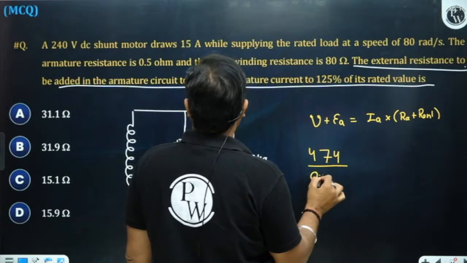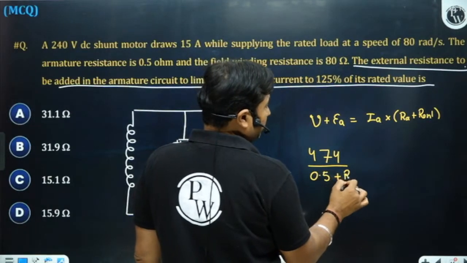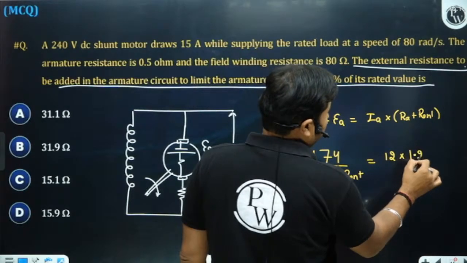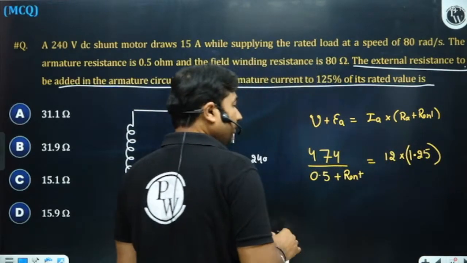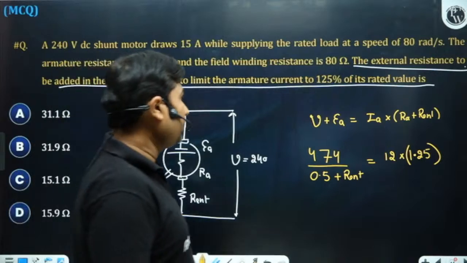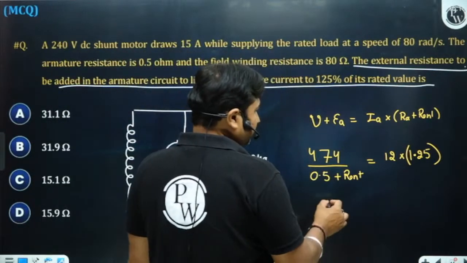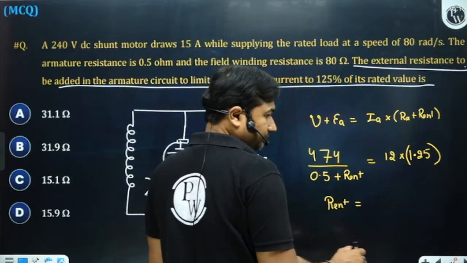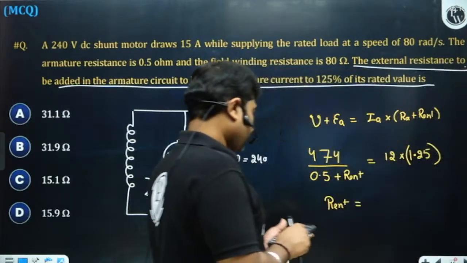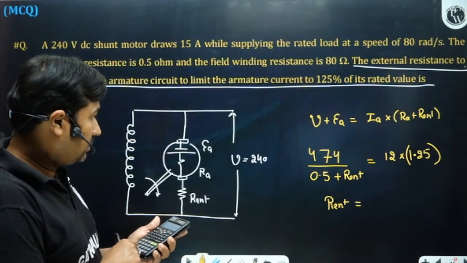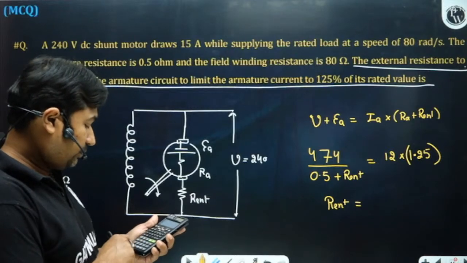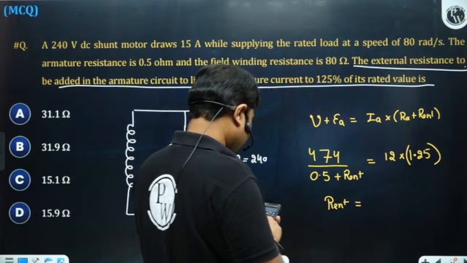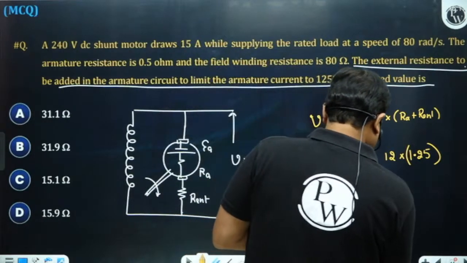RA we have 0.5. R external we don't know. The current should not be more than 125% of the rated value. Rated current we have already calculated as 12 ampere. Then our external resistance will become 474 by (12 times 1.25) minus 0.5, which is 31.1 ohm.